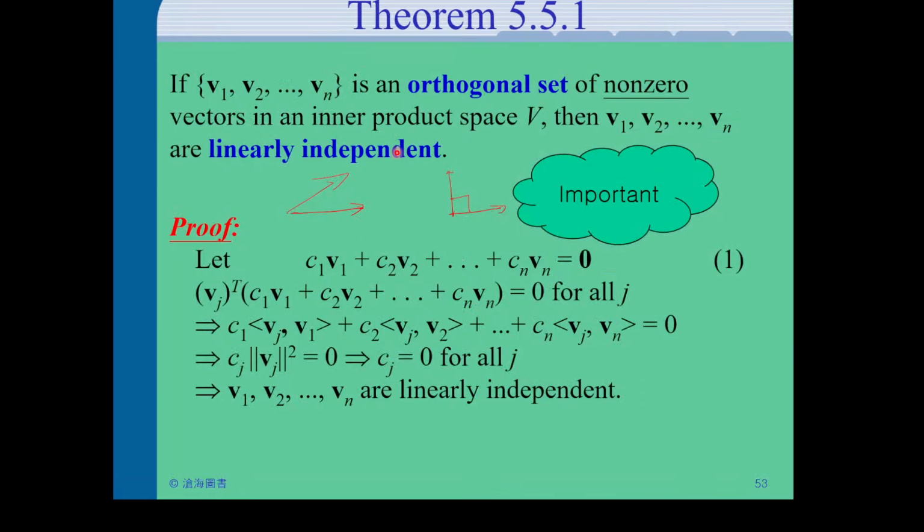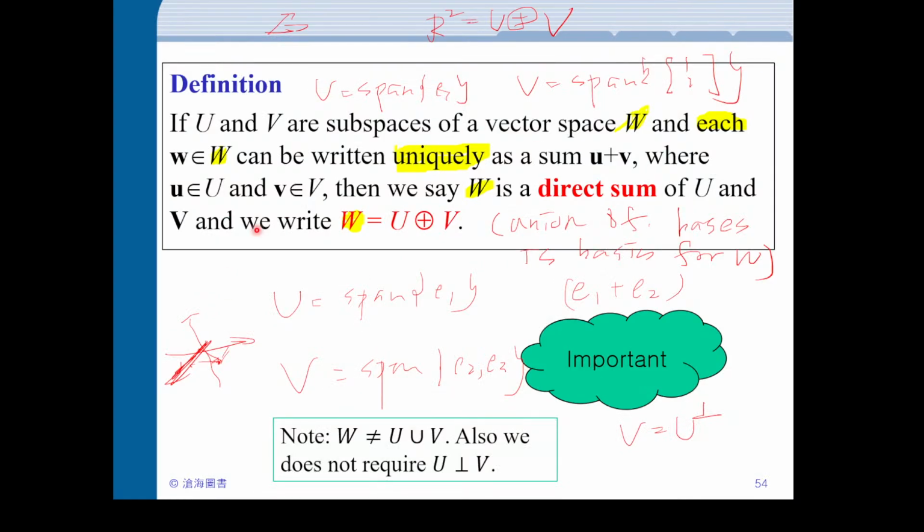And we also have the direct sum definition. We say the space is the direct sum of two subspaces if and only if everything inside this space can be written uniquely as the sum of things inside the individual subspaces.